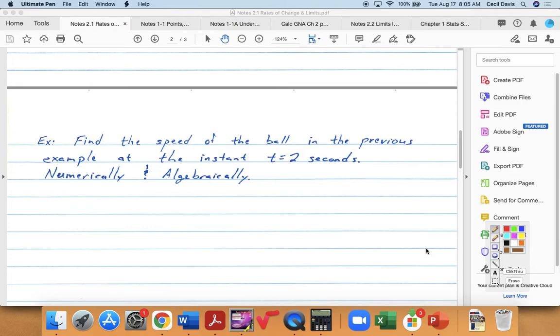In fact, what if we made it a really short interval? 1.9 to 2, we could do that. Is that better than 2 to 2.1? You could do both and average them.